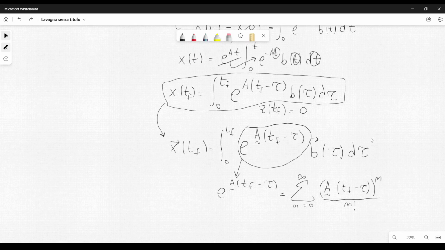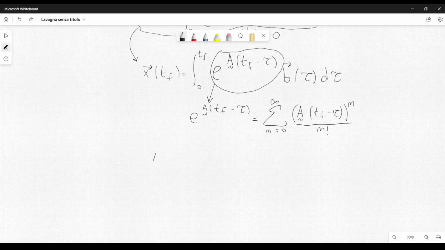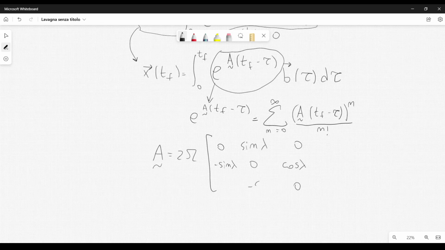A can be written as 2 omega times another matrix, which is 0, sine lambda, 0, minus sine lambda, 0, cosine lambda, 0, minus cosine lambda, 0. And I can call this matrix capital lambda tilde.